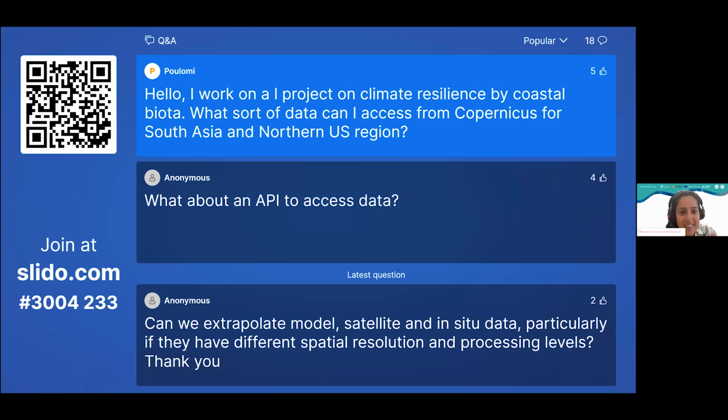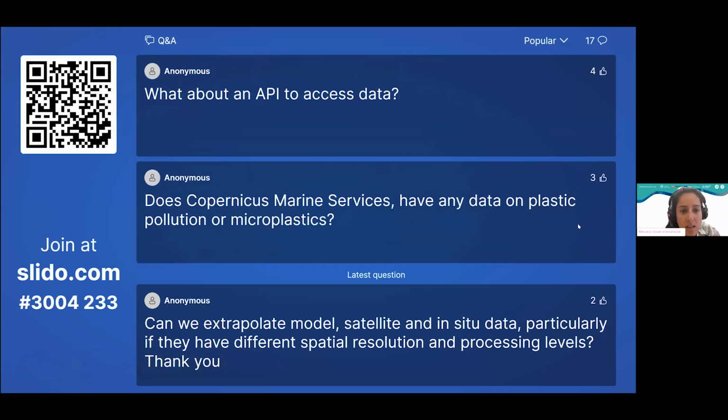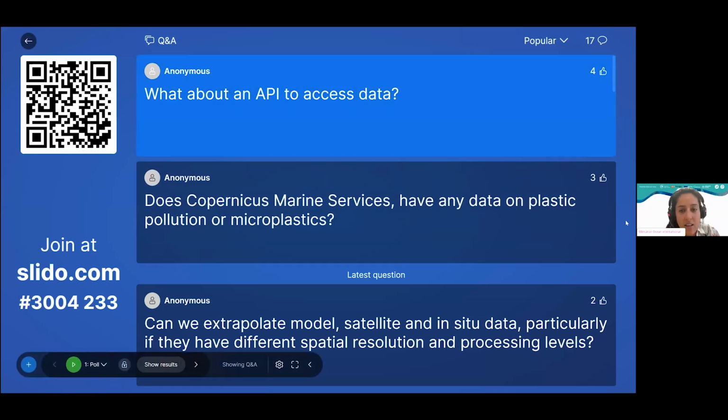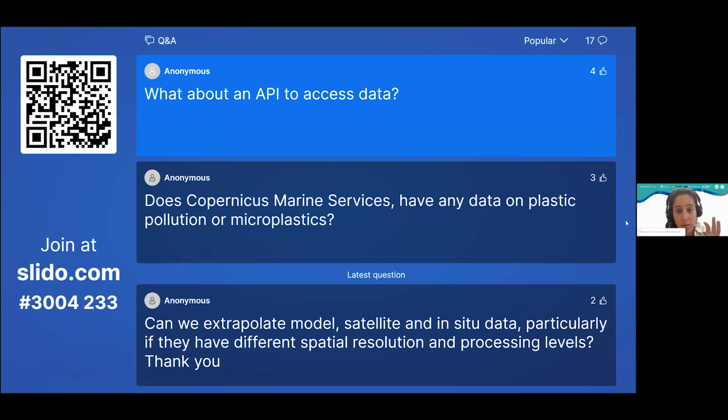Yes, exactly. I agree. So another question, what about an API to access the data? Maybe I can answer that one. On our website, you will also have access to the help center.